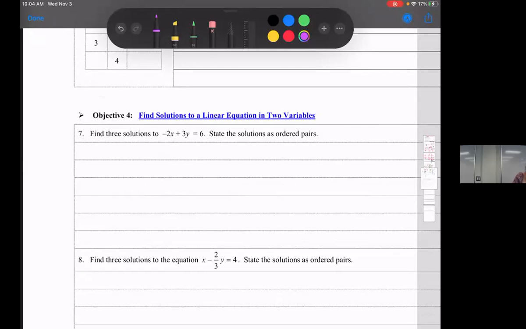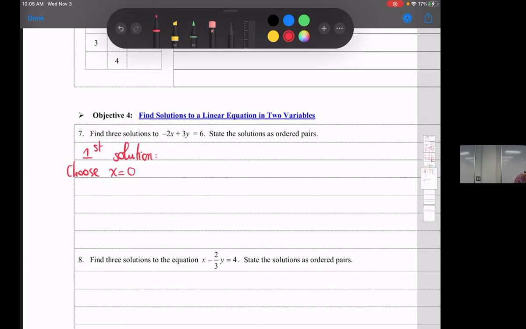So for the equation negative 2x plus 3y equals 6, I want to come up with 3 solutions. Let me come up with the first one. I'm going to choose x equals 0. You can choose anything you like. It doesn't have to be 0, but I like it because it makes it simple.